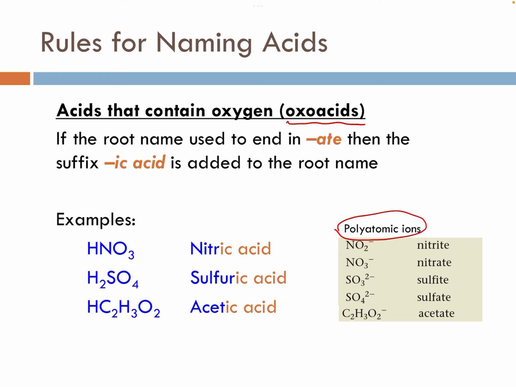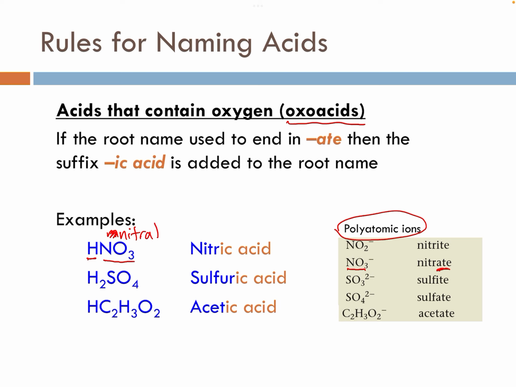How it works is we replace the ending with something that indicates it's an acid. You have different types of endings to your polyatomic ions. Some of them end with "ate", right? If you have something like nitrate, that ends in ate. So notice NO3 is nitrate. This first example is a hydrogen bonded to a nitrate.